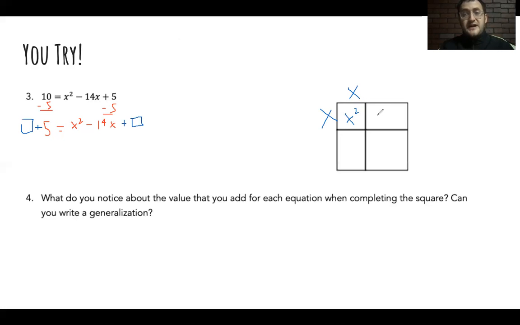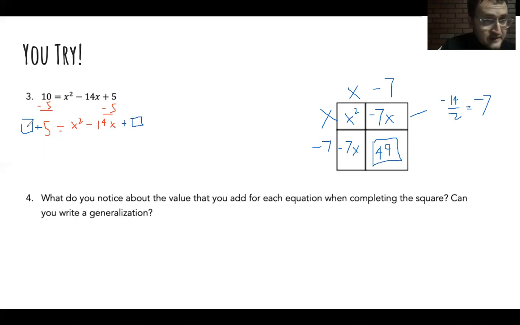And if I want to get minus 14, I'm going to do minus 14 divided by 2, which is going to get me negative 7. So if I did negative 7x and negative 7x, I would have a minus 7 and a minus 7. And then the blue square number is just minus 7 times minus 7, which is going to be 49.